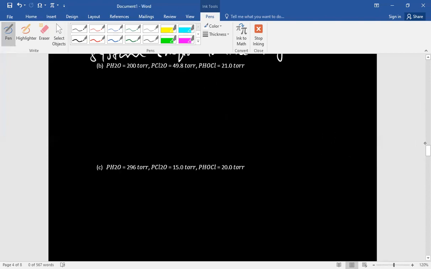Okay, so we go to the next question. In B, we're told the partial pressure of water is 200 torr. All these are given in torr. You may be tempted to start changing this to atm, but they are all in the same unit, so there's no need to change anything.